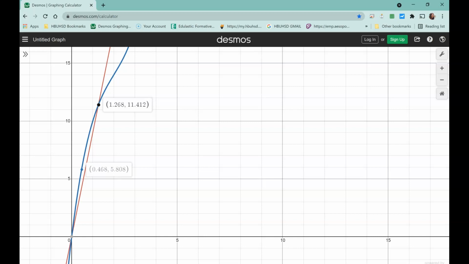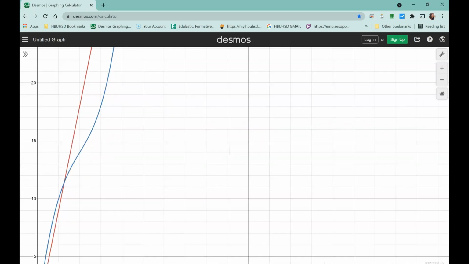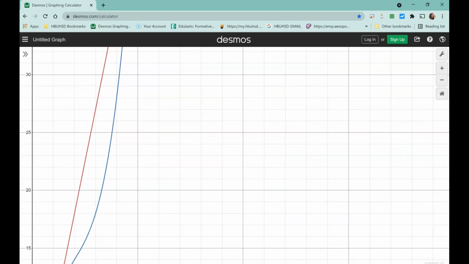Let's try to see where we, 0.59, right there. So that's going to be when you will lose the most money. And then we solve for the other one, and it says 3.4 and some change. So this is when you will make the most money because you have a revenue that's above the cost.